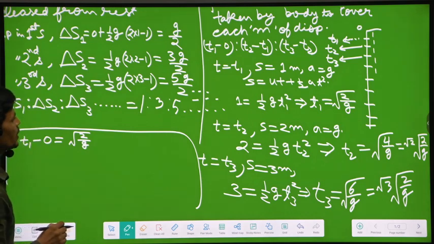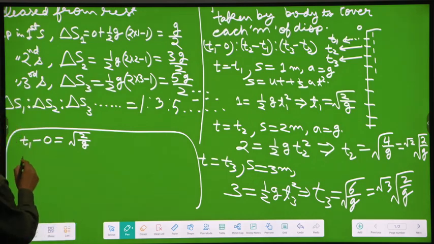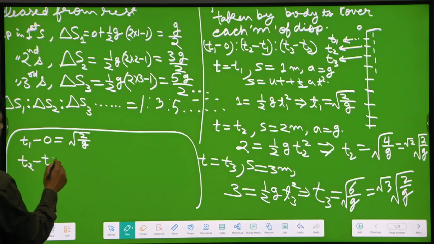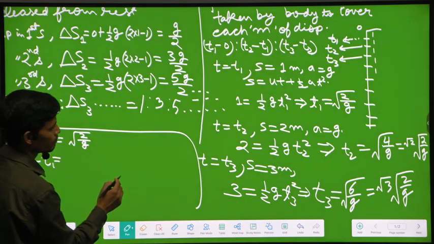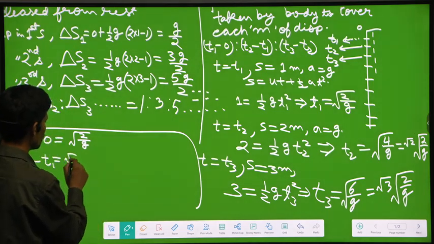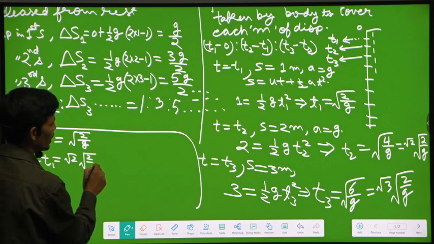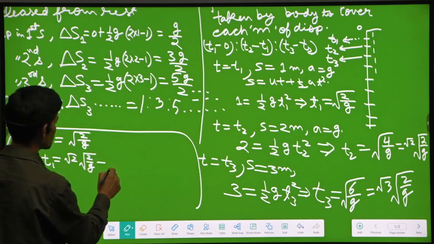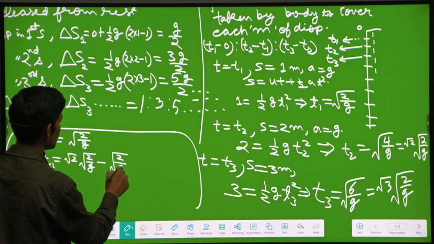For the second meter, t2 minus t1, that is root 2 root 2 by g minus simply root 2 by g.